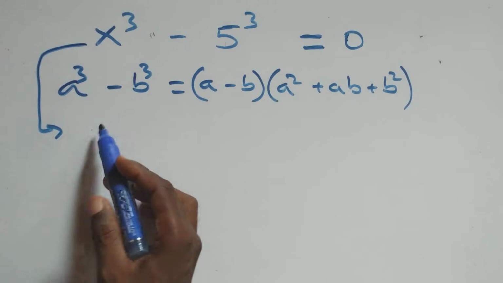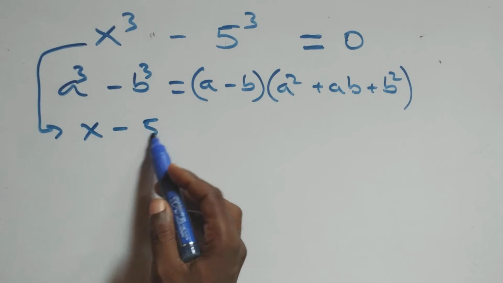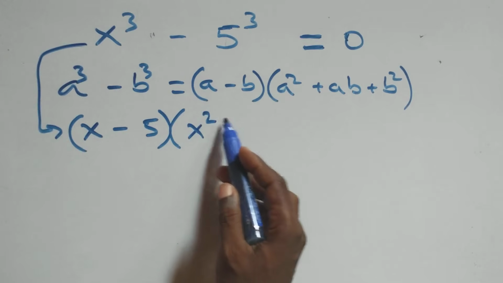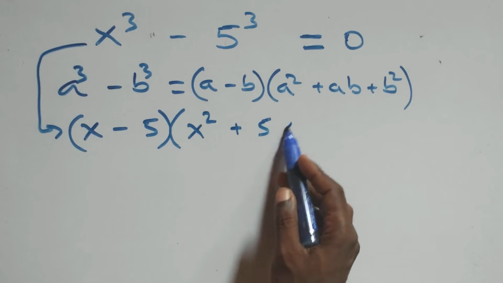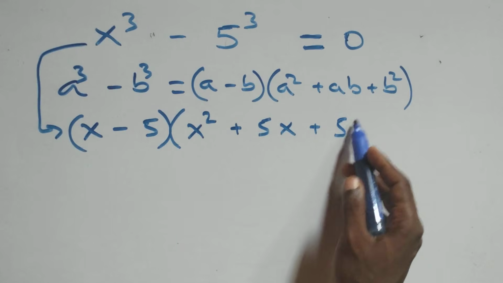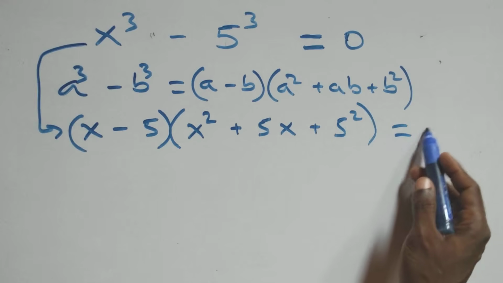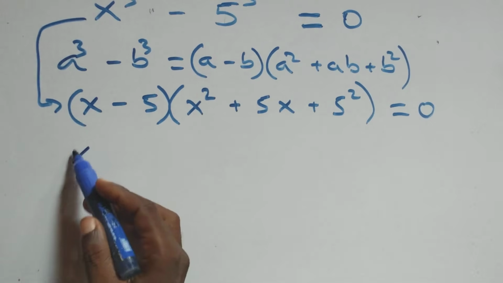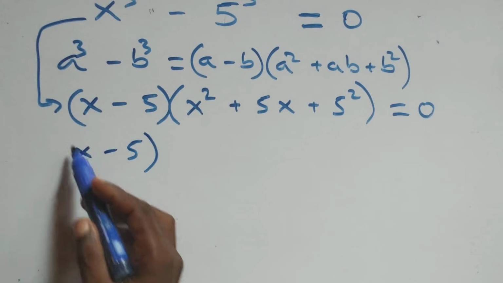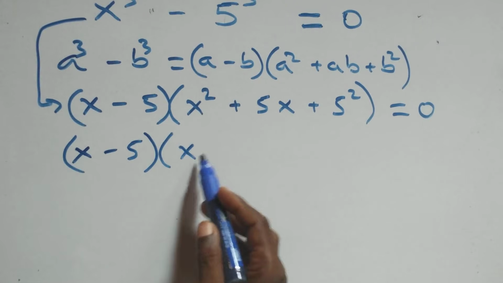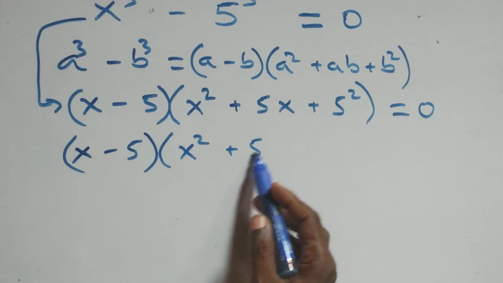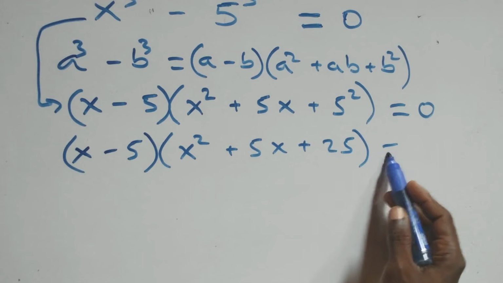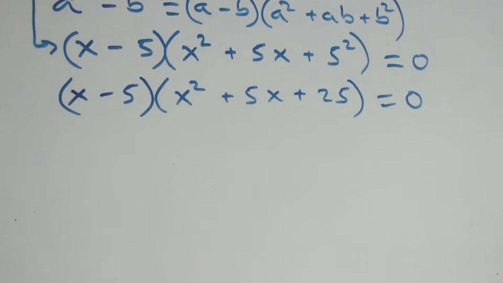What we have here becomes (x minus 5) times (x squared plus 5x plus 5 squared, which is 25) equals 0.